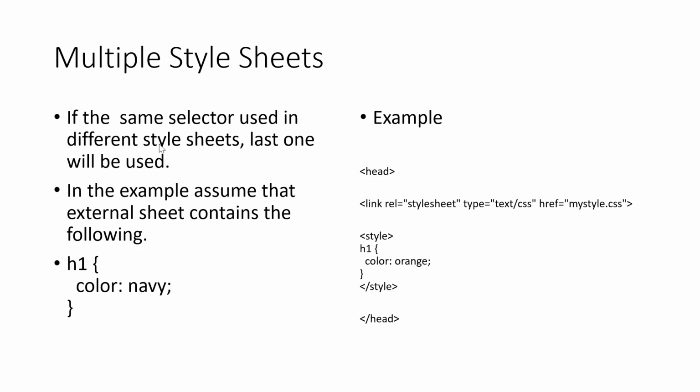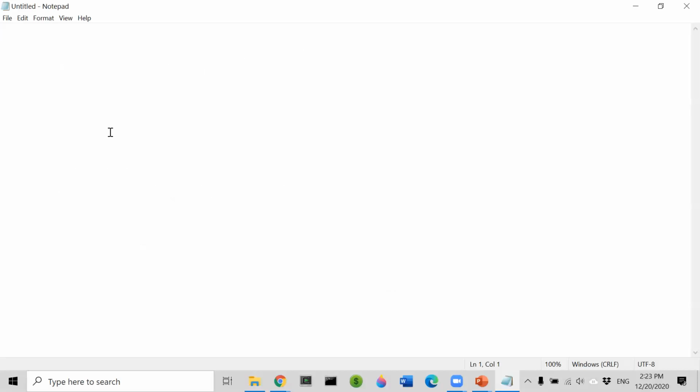Now I'm going to create a separate style sheet, and I'm going to include only h1, only the CSS commands. Usually you will have a selector. Here we have h1, and then let's say I'm going to change the color of the text. So color, I'm going to use navy. That's all I'm going to say for the time being.